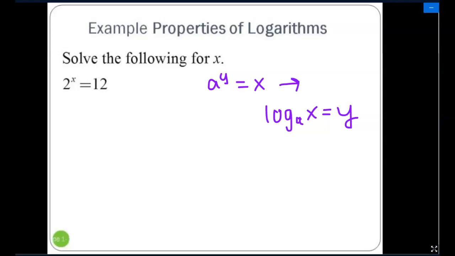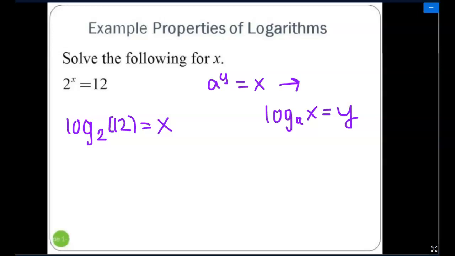So that means that the 2 is like my a. So this becomes log base 2. The 12 is my x. And the power x is kind of like my y. So I get that x equals log base 2 of 12. And again, the idea is that that is just a number.